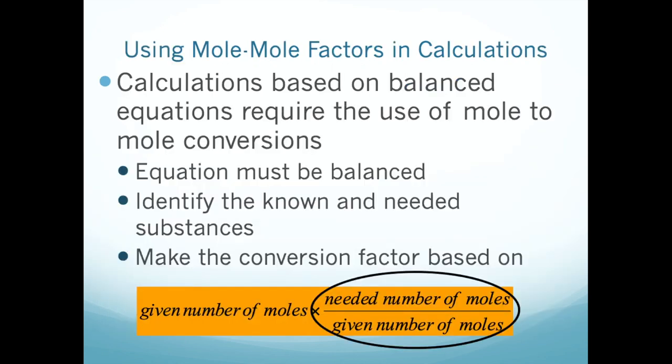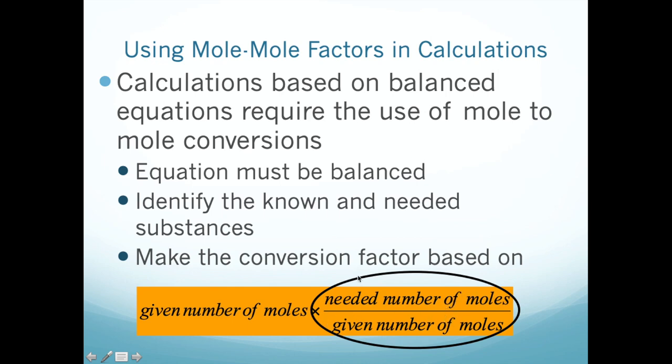These conversion factors, of course, will help you do that conversion you need. The question will give you information about a particular chemical, and they'll ask you information about a different chemical. You want to make sure that you select the conversion factor, just like any other conversion factor, with the quantity you're given on the denominator and the quantity you want on the numerator.